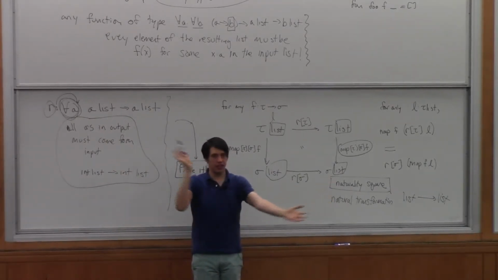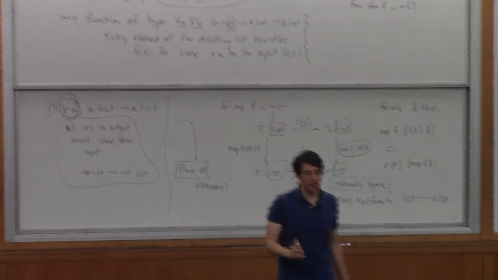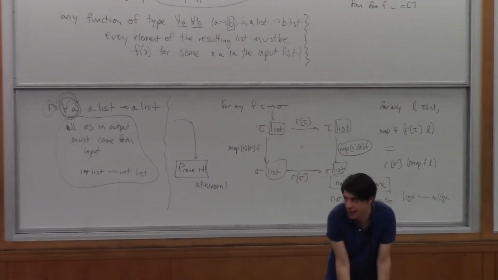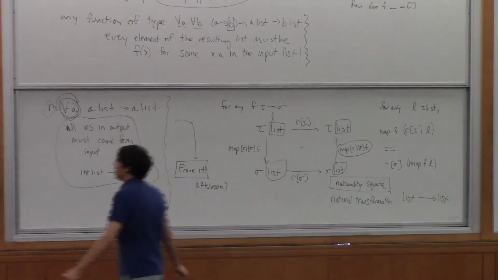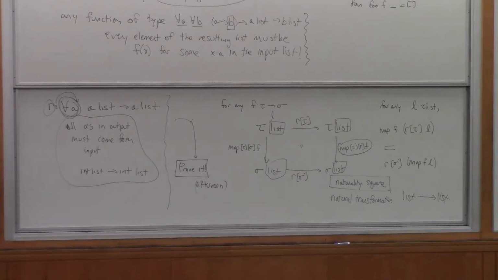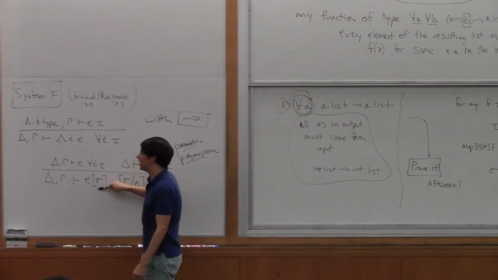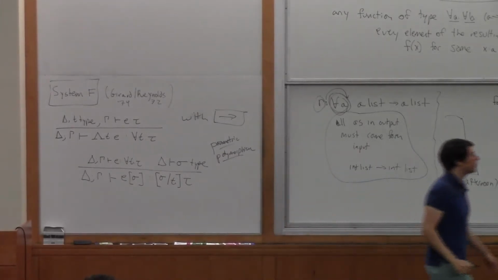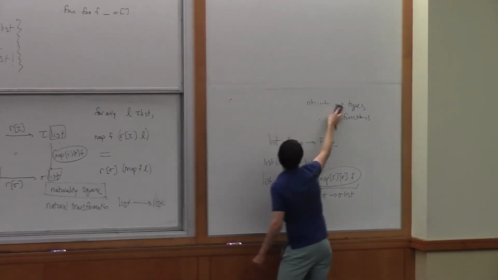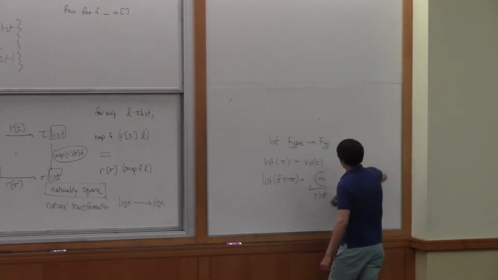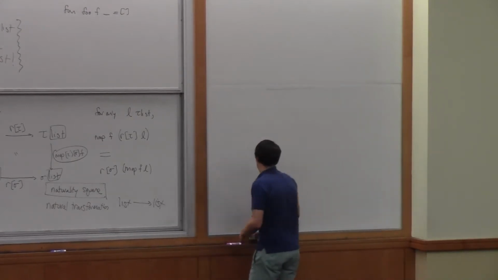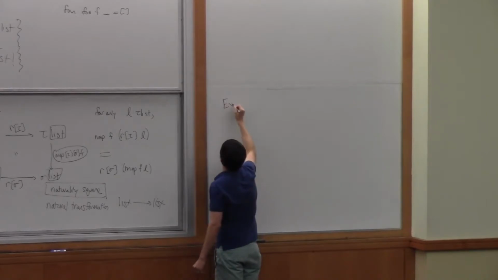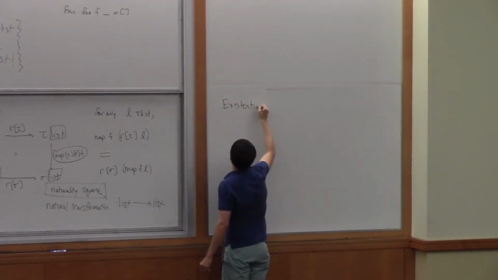Okay, so what I want to do next for the rest of the lecture is to kind of dualize this and talk about what are called existential types. So I'm using the kind of suggestive for all or universal quantification notation and lambdas and applications in system F here. There's a very symmetric notion of what's called an existential type.